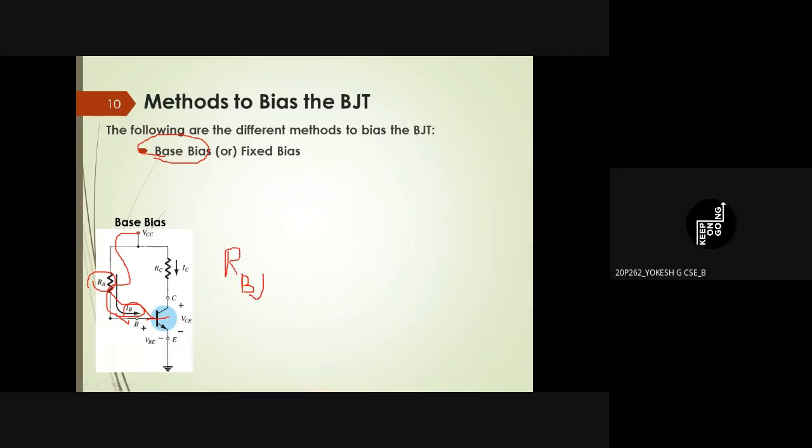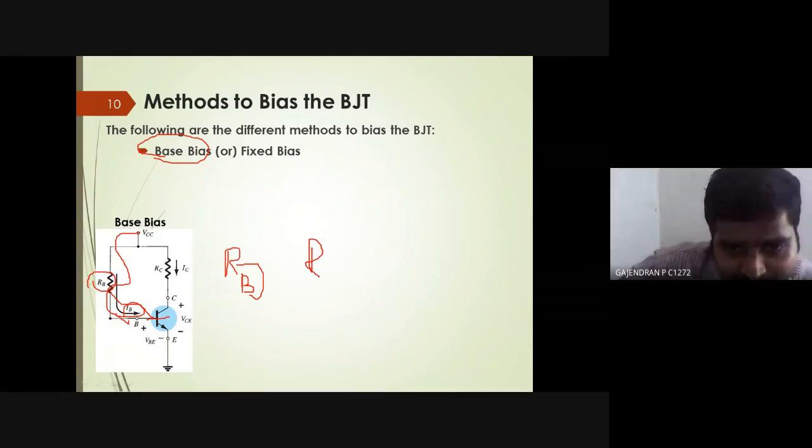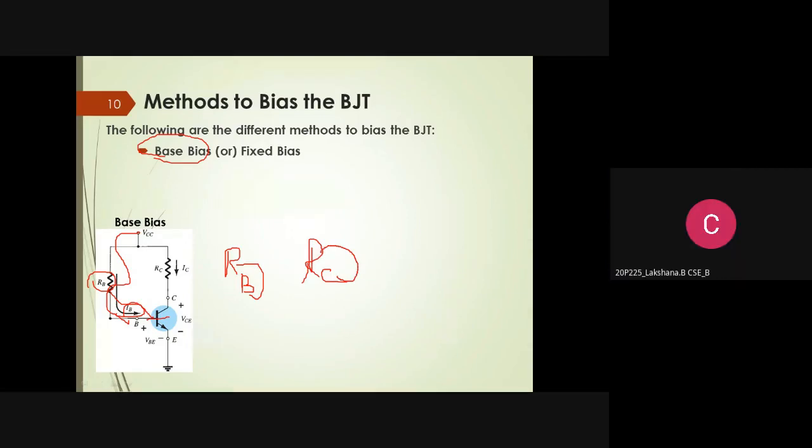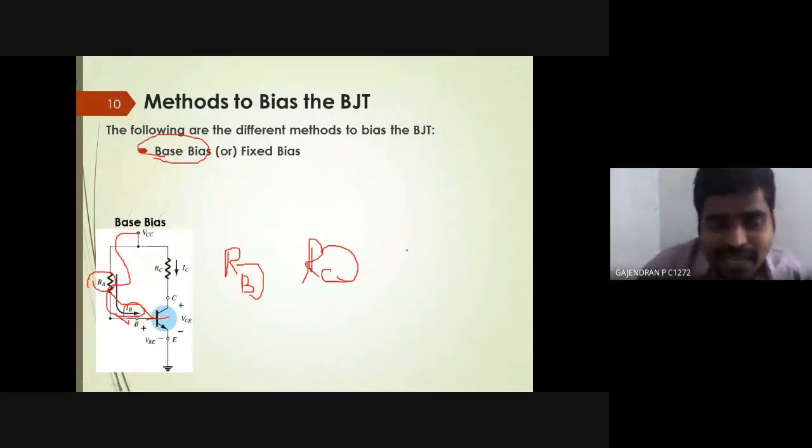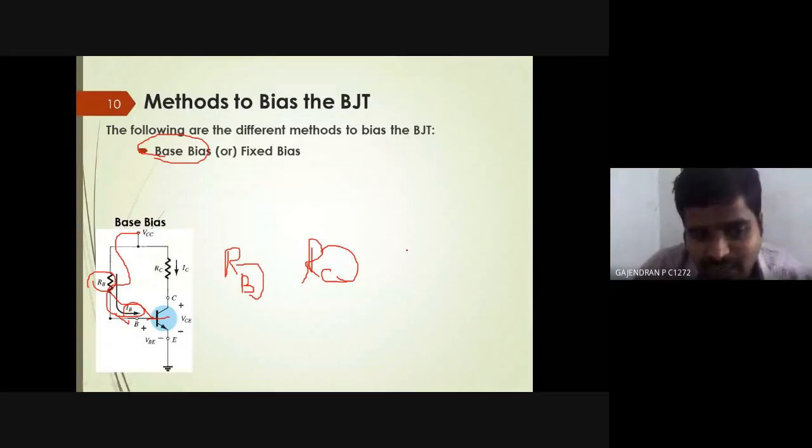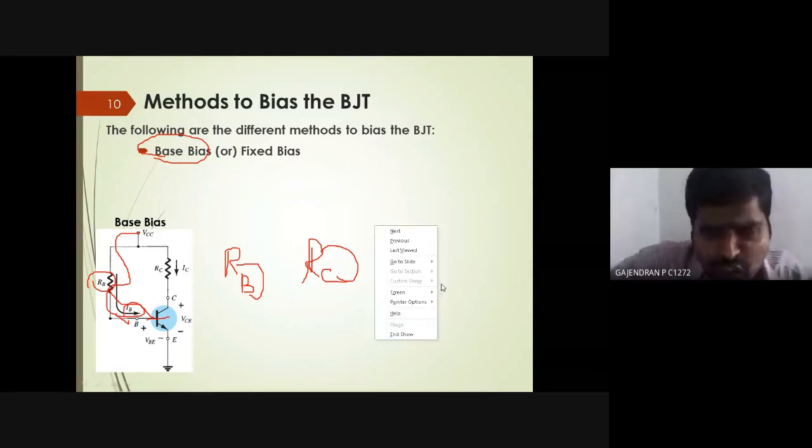Base resistor. Can anyone tell me what RC is then? Collector resistor. Very good. The resistor connected to the collector terminal is the collector resistor, and the resistor connected to the base terminal is called the base resistor. That's all for fixed bias.